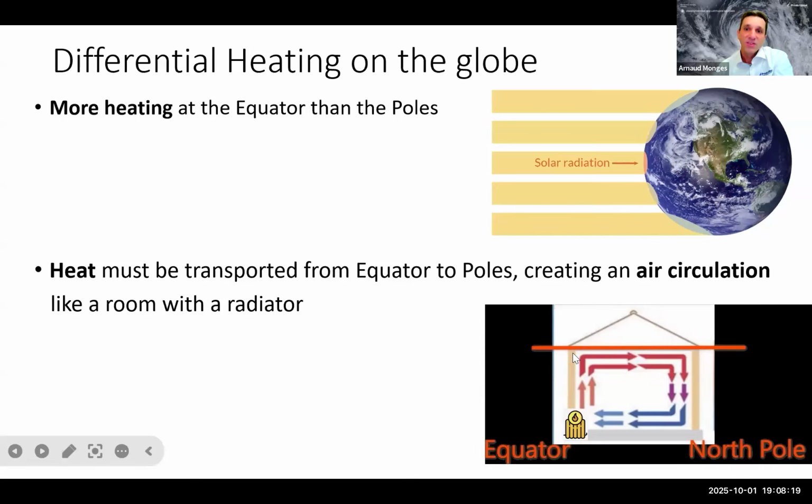It will follow the ceiling of the room, which is like the top of the atmosphere. When you reach the other side of the room where it's colder, the air will sink. This is the North Pole. And at the bottom, at the surface, you will get a return flow. So this is a basic air circulation.